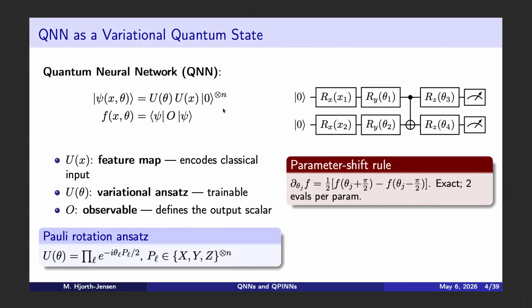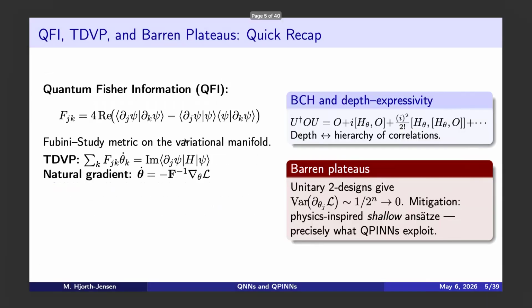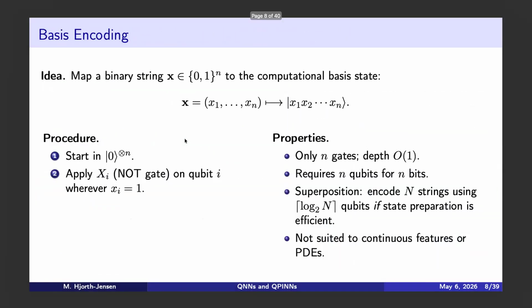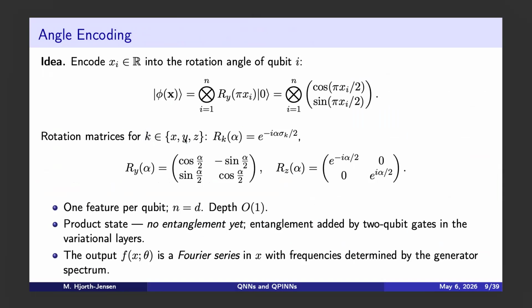The entanglement is something which you would plug in the variational ansatz. So that means that normally the U of X, the feature map encoding of the input, is something which you would simply set up as a product of various rotational states. So this is typically the one which you could see here.